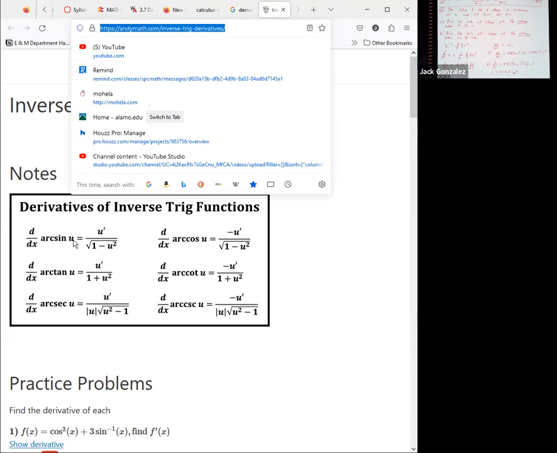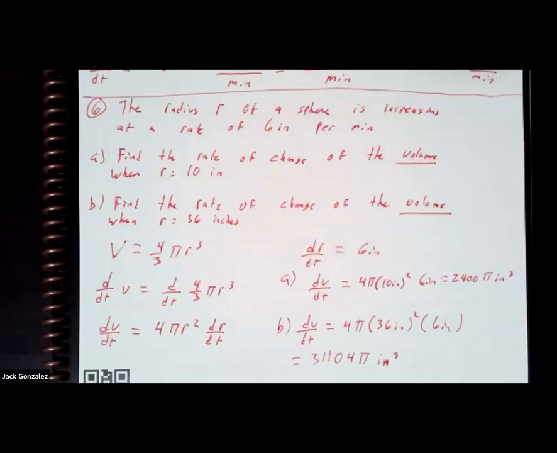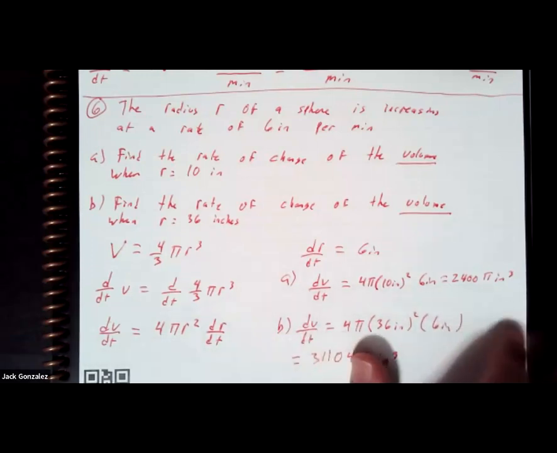So if it's a 2x or an x squared, just put a derivative of that argument here. Or just do the chain rule, doesn't matter. But this section is a lot easier.